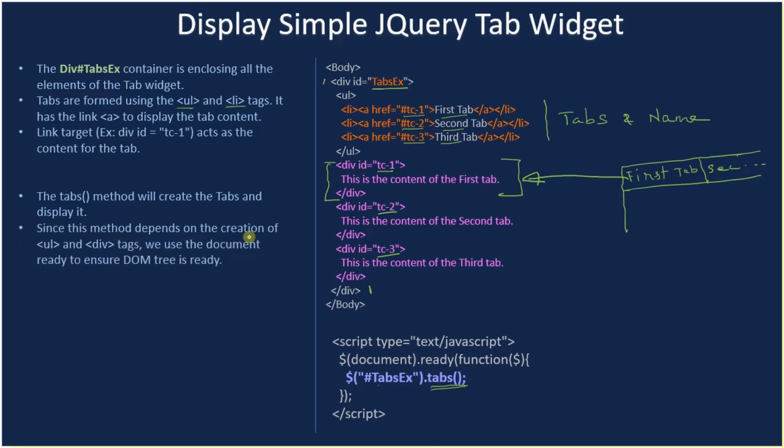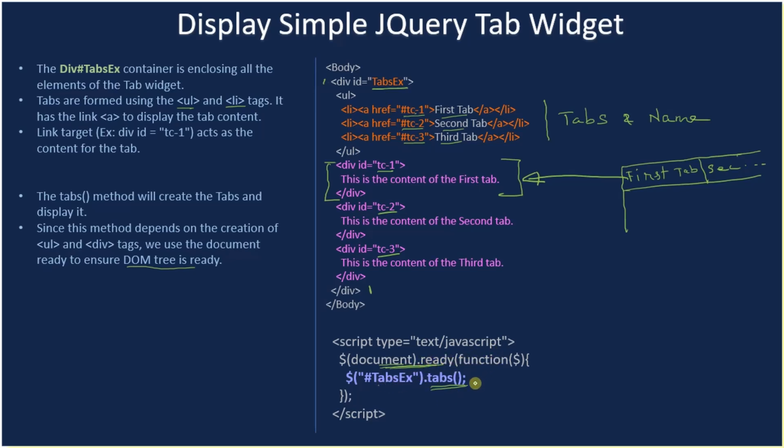Since this method depends on the creation of the UL and div tag, we use document ready to ensure the DOM tree is ready. From the start of the course itself, we talked about this document ready. You may be well aware of this function by now. This is the handler function.